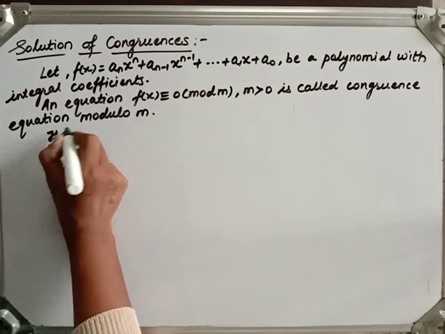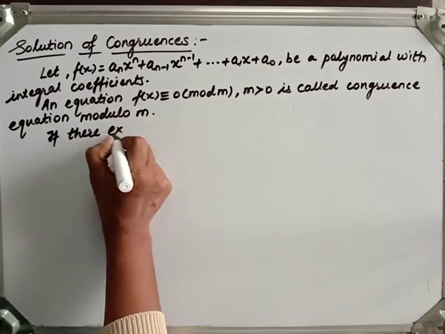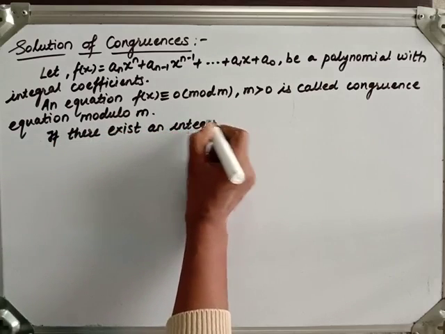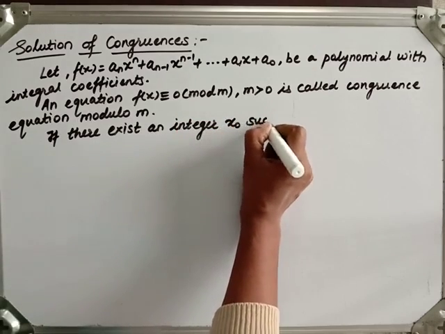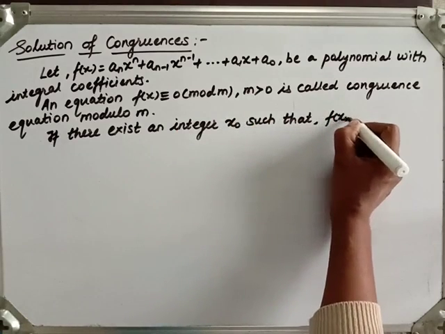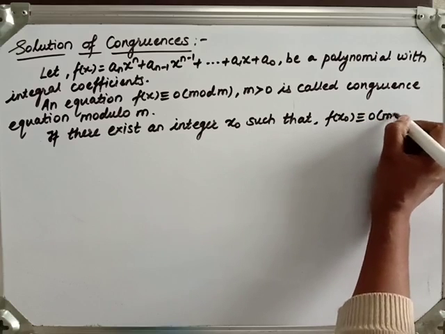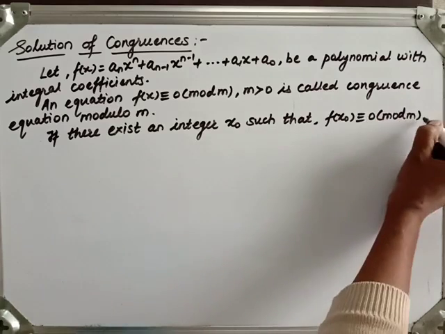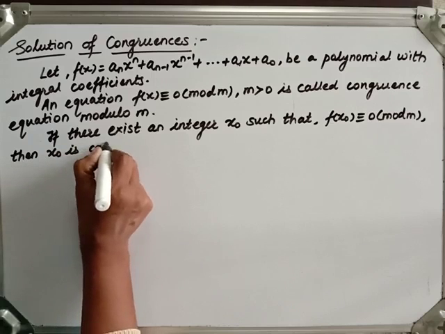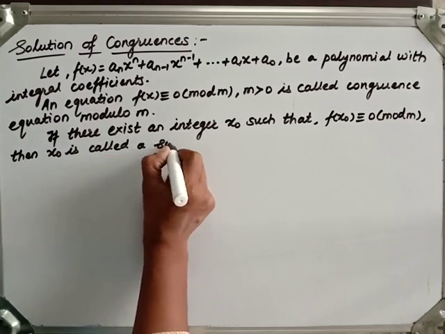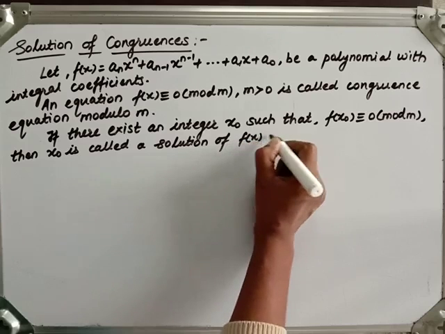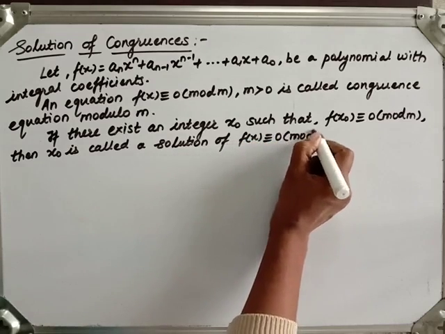So for that, if there exists an integer x naught such that f of x naught is congruent to 0 modulo m, then x naught is called a solution of f of x congruent to 0 modulo m.